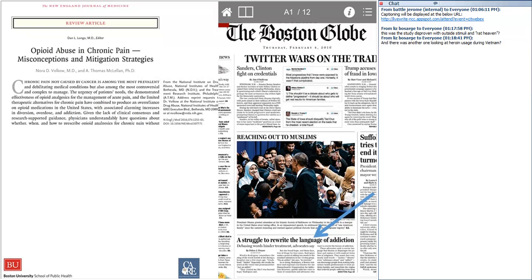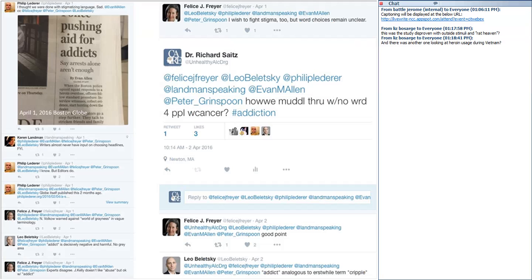But there's now been a lot of discussion about terms to use, and this appeared on the front page of the Boston Globe, a struggle to rewrite the language of addiction, where journalists were beginning to pay attention to language and how it should be used, which, by the way, resulted in the Associated Press changing their style guide just this year, and I'll get back to that as relevant later.